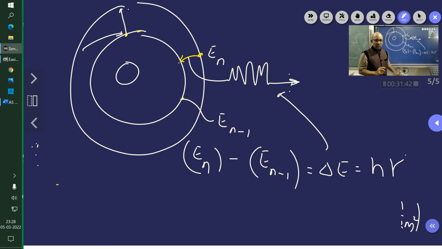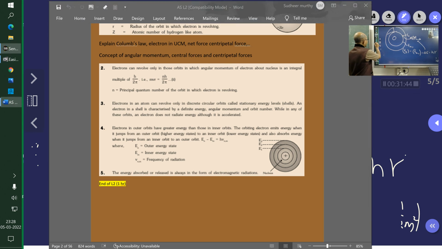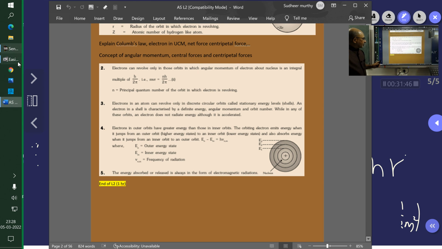That is precisely what he said in his postulate here, and it also absorbs. This is the equation I just wrote. The energy absorbed or released is always in the form of electromagnetic radiation. This is what he said.